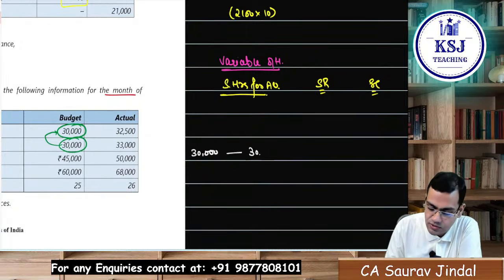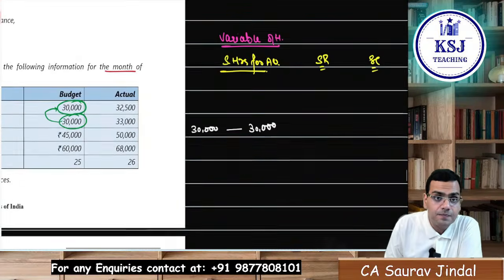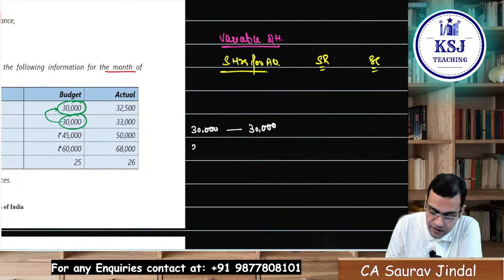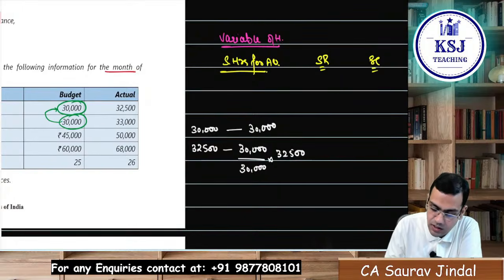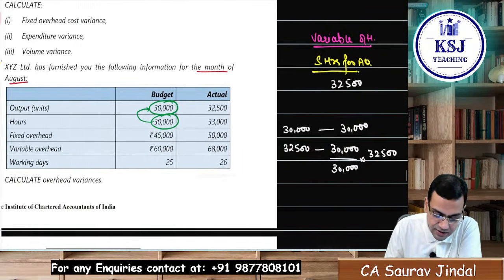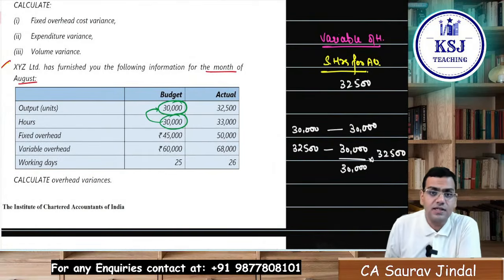That is 30,000. For an actual output of 32,500, what will be my standard hours? That is 32,500. What is the standard rate now?